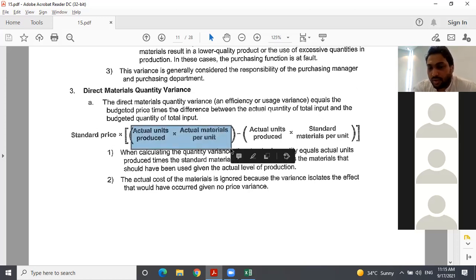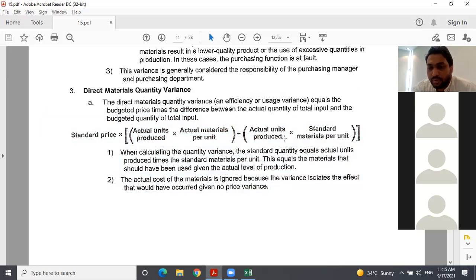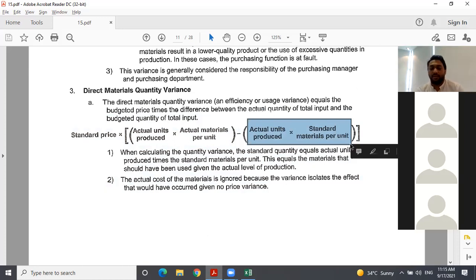So you will get the actual quantity, right? Here actual unit produced into standard material price. So here you will get the adjusted standard price. Adjusted standard price means your standard quantity is adjusted to the standard price. Clear?